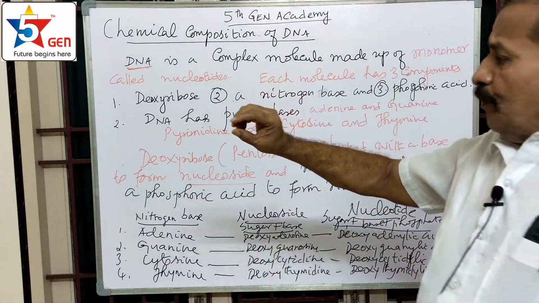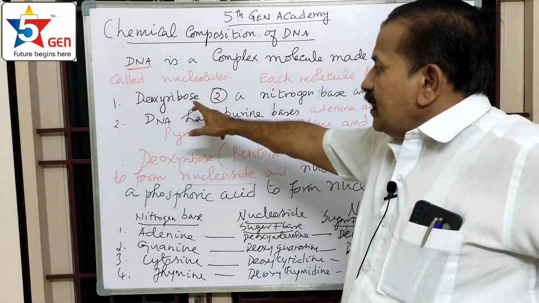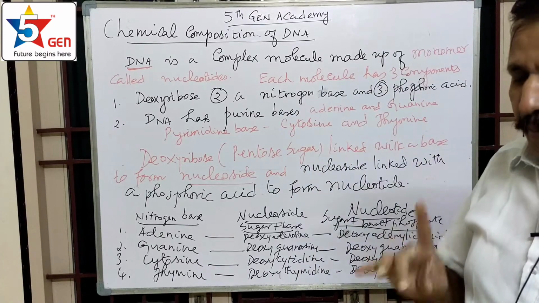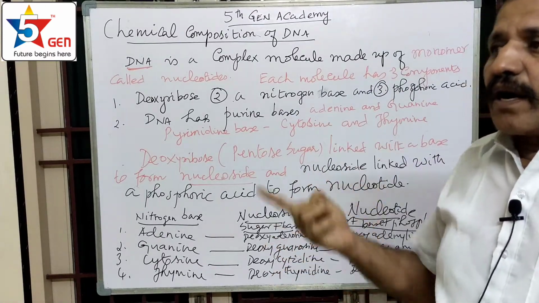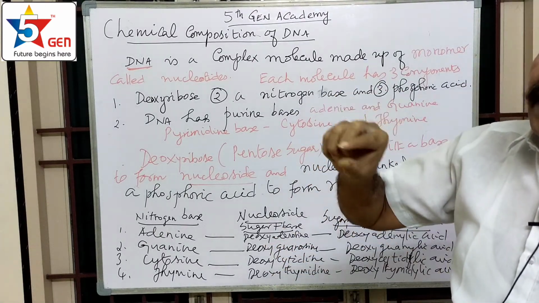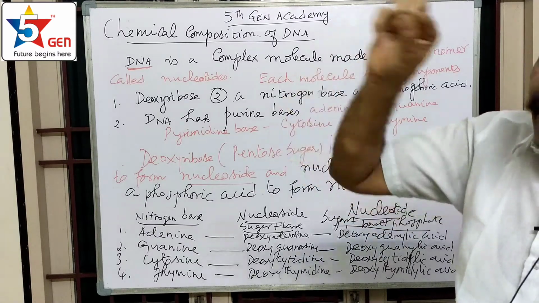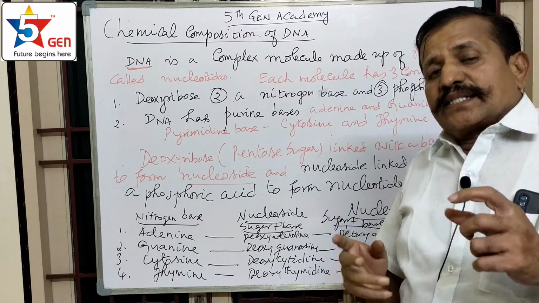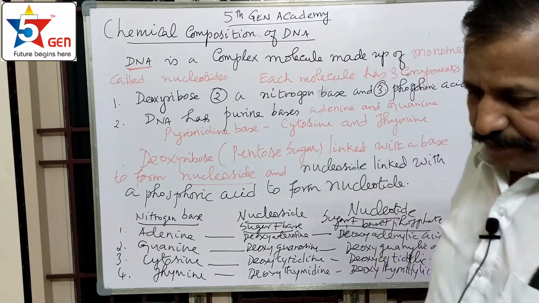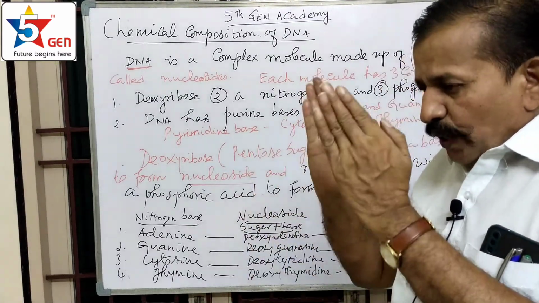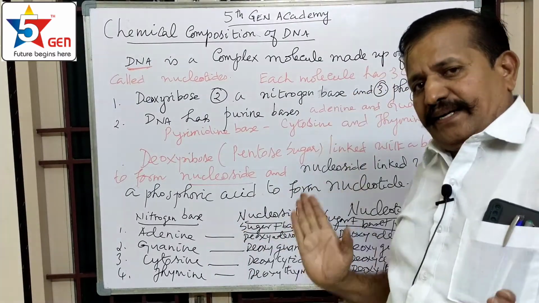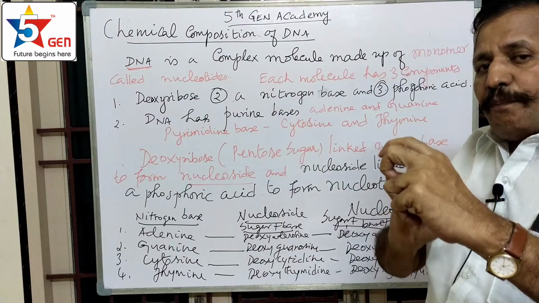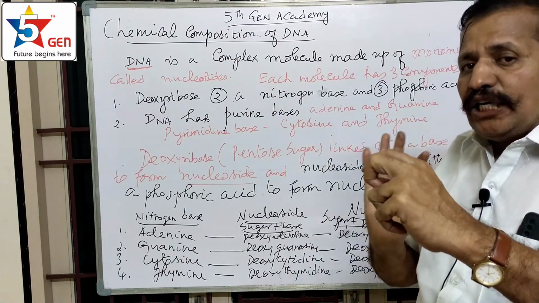You must understand that deoxyribose is a pentose sugar. We call the pentose sugar in DNA deoxyribose. Nitrogen bases come under two classifications: purine and pyrimidine. The purines are adenine and guanine.